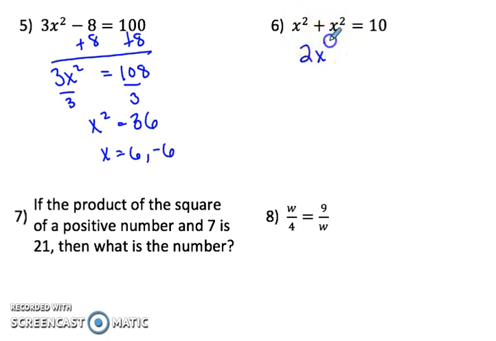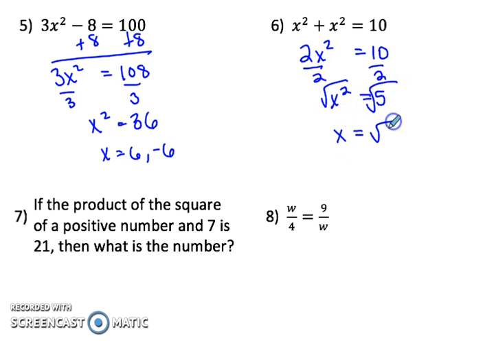Remember, it's 1x squared plus 1x squared, so I get 2x to the second power. That's equal to 10. We divide both sides by 2, and so I get x squared is equal to 5. But then I got to take the square root of both sides. So I get that x is equal to root 5 and then negative root 5.